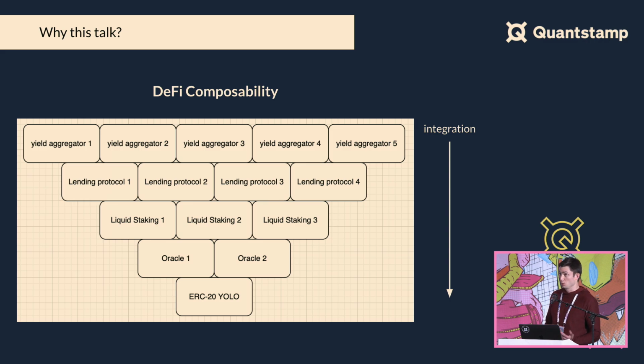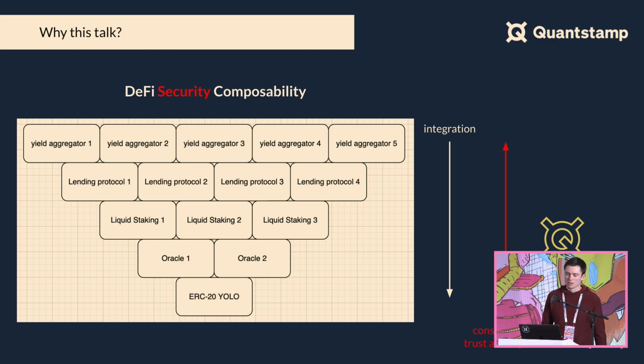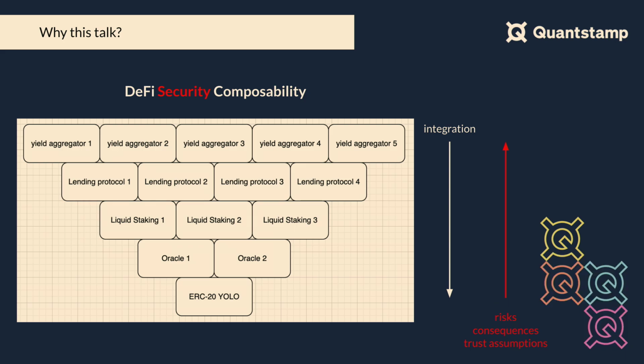Then we have maybe liquid staking projects, which use those oracles, and then maybe lending protocols on top of that, and yield aggregators on top of that, and so on and so forth. As we go up the stack, we have more and more integrations, which means more risks, more consequences, and more trust assumptions that we have to be careful about during the development process.